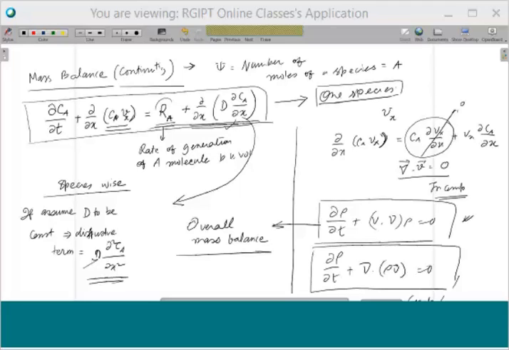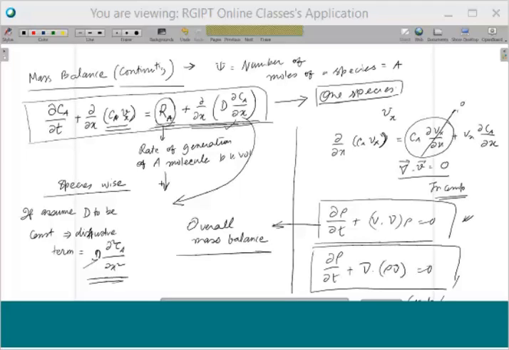And for the rate of reaction, you have to do a kinetic study. That's where chemical reaction engineering comes into the picture. You can study the kinetics of a reaction separately under certain physical conditions.